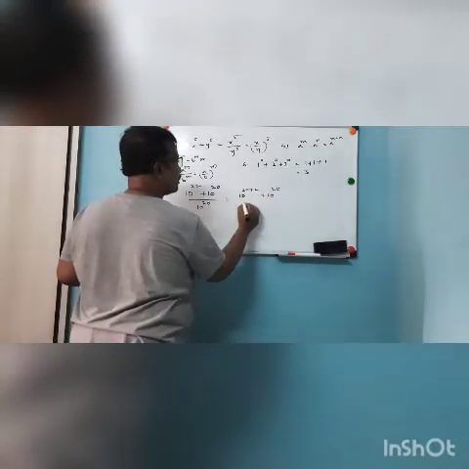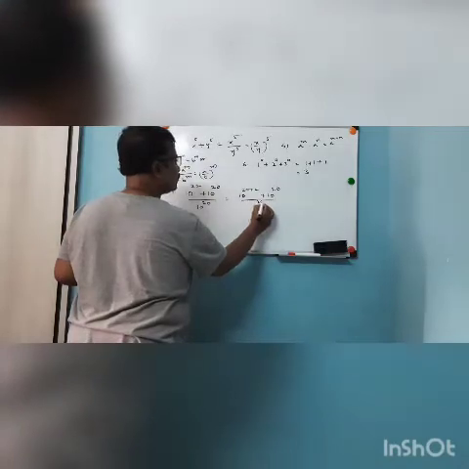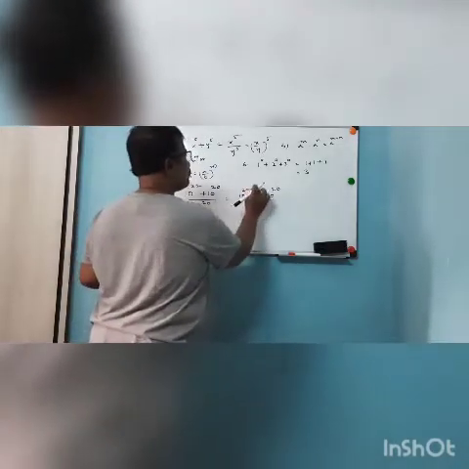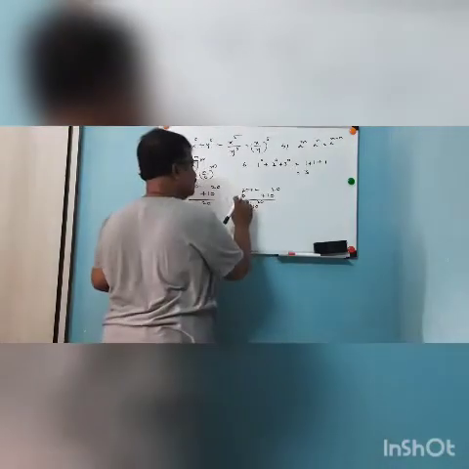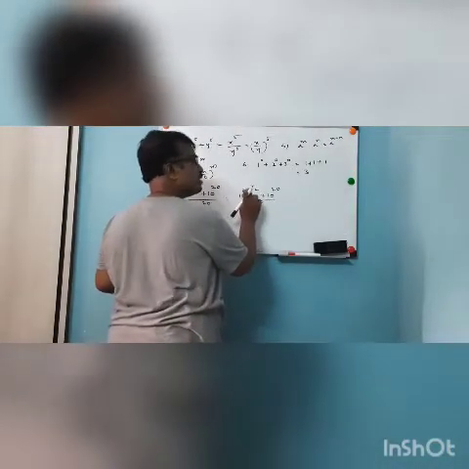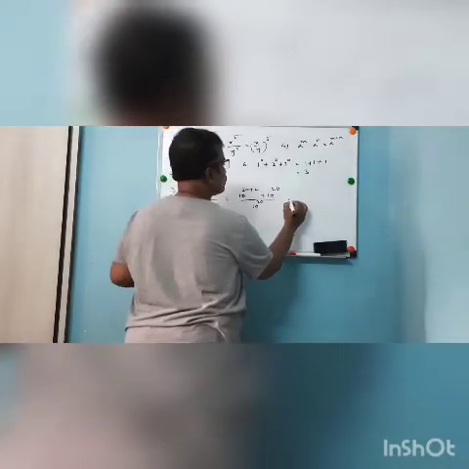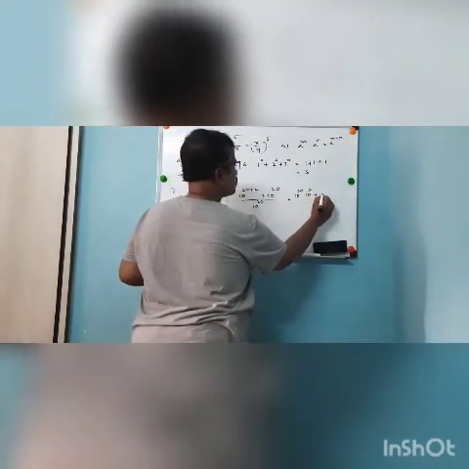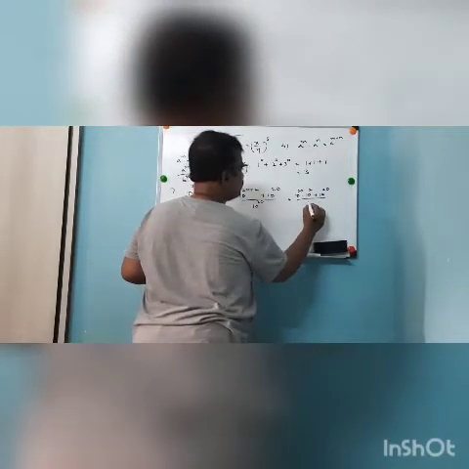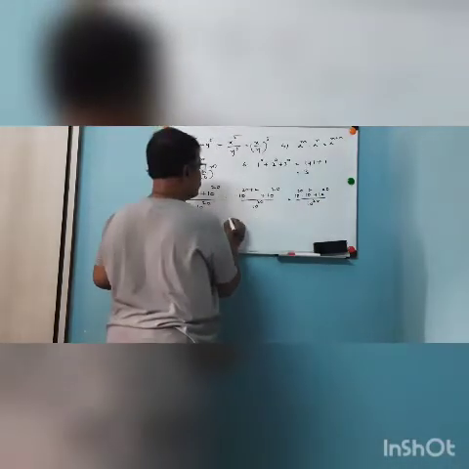Here a power m plus n can be written as a power m into a power n. Here a is 10, m is 20 and n is 2. So that's why 10 power 20 into 10 square plus 10 power 20 by 10 power 20.